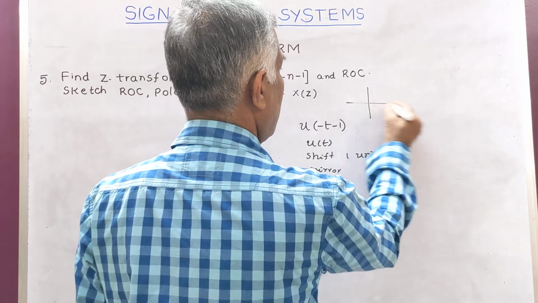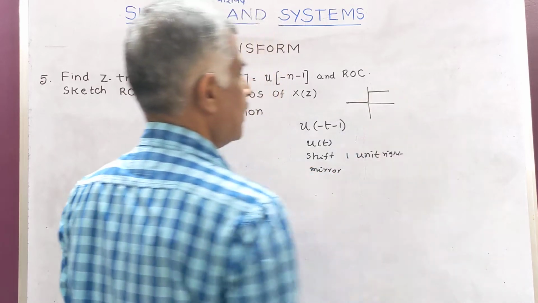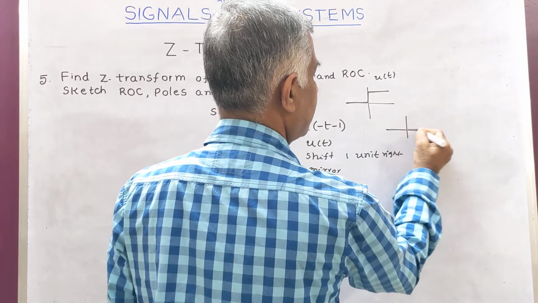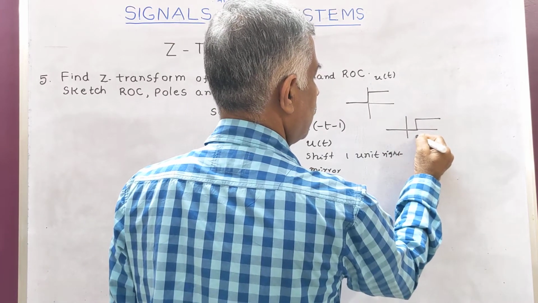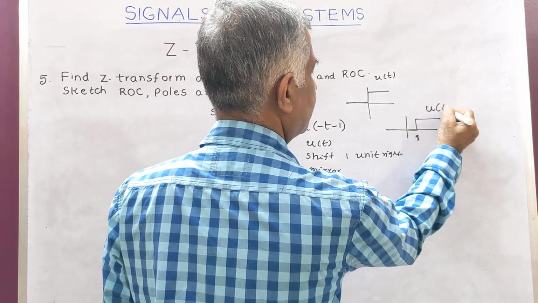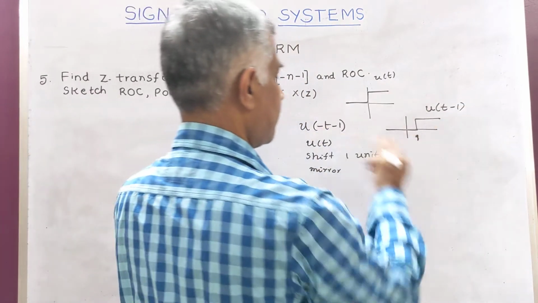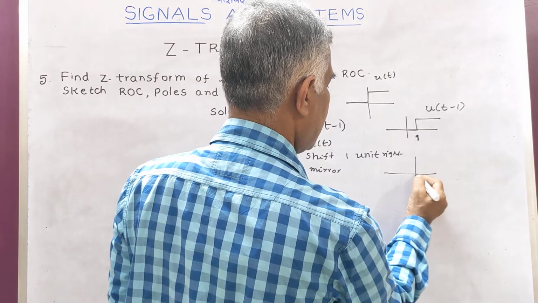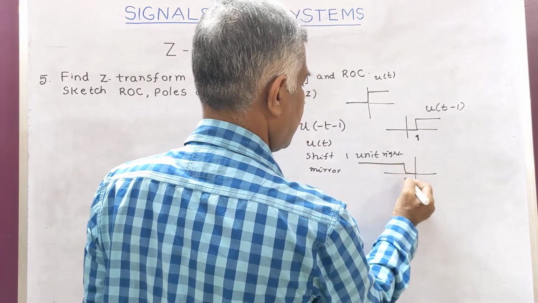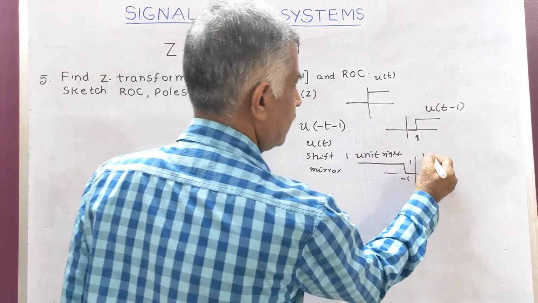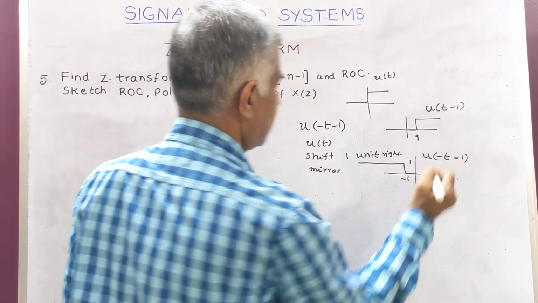So this is u of t. Then if you shift by 1 unit, this is u of t minus 1. Then take the mirror image, and this is what u of minus t minus 1 looks like.